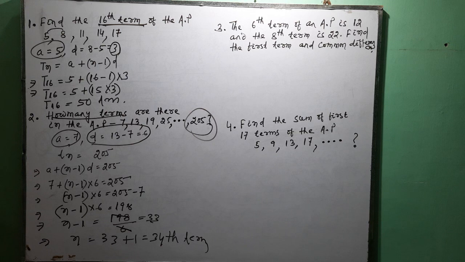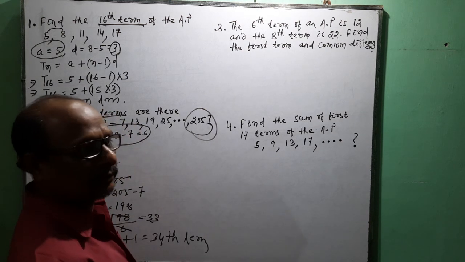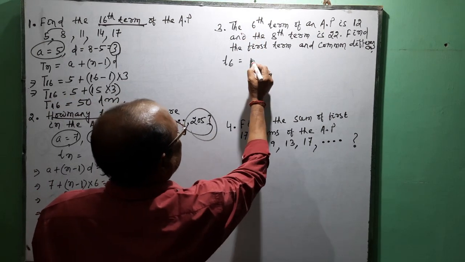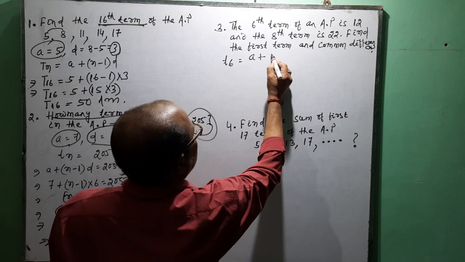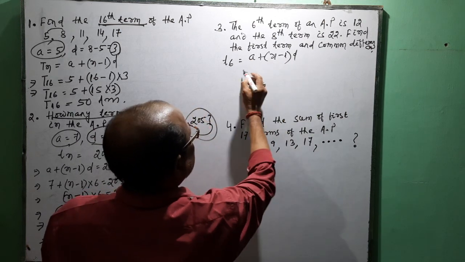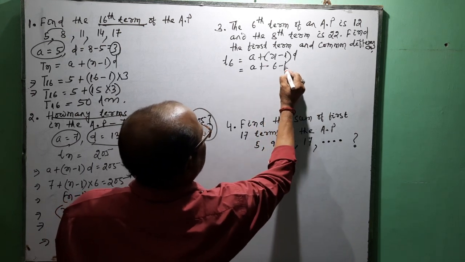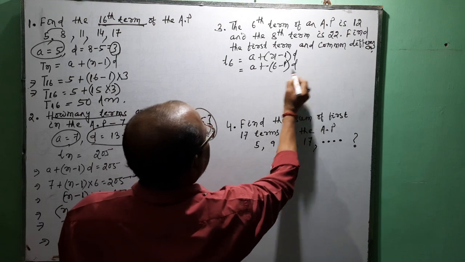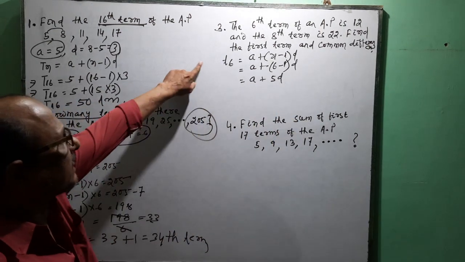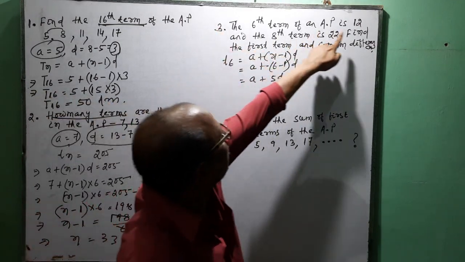Next comes number 3. The sixth term of an AP is 12. The sixth term means T6, a plus n minus 1 whole into d. This is equal to a plus 6 minus 1 whole into d, which is a plus 5d. Here you look, T6 is equal to a plus 5d. The sixth term of the AP is 12.